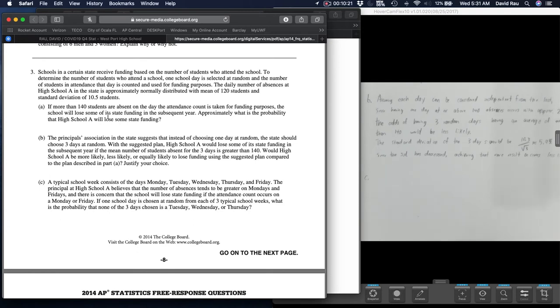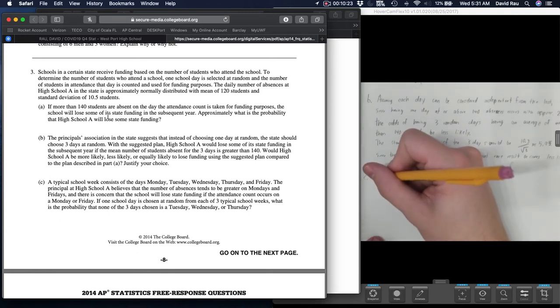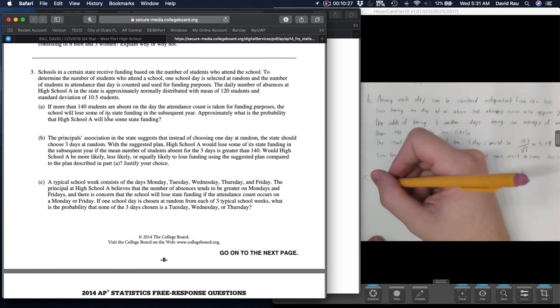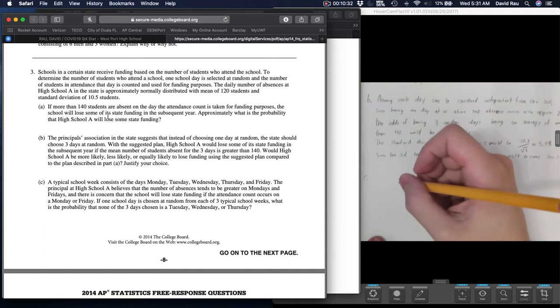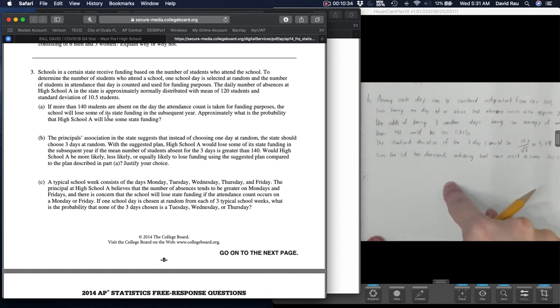Again, each day is equally likely. That would be, since it's random, and each week is random. So in other words, we have 3 different weeks, and we're just trying to not choose Tuesday or Wednesday.